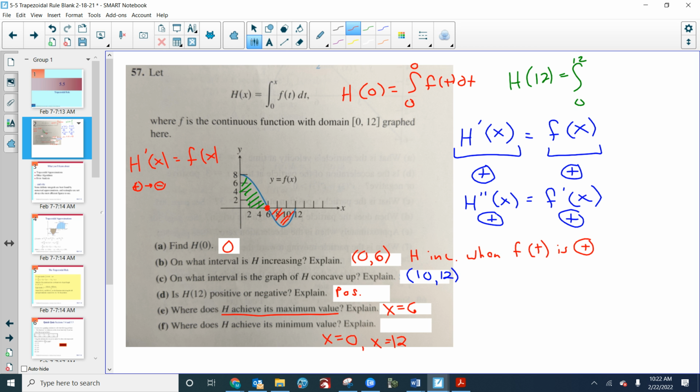It's the absolute minimum. Because of Caden's argument, I would say h of 12 is positive. And if h of 0 is 0, that's less than a positive number. So that must be the lowest. We good?